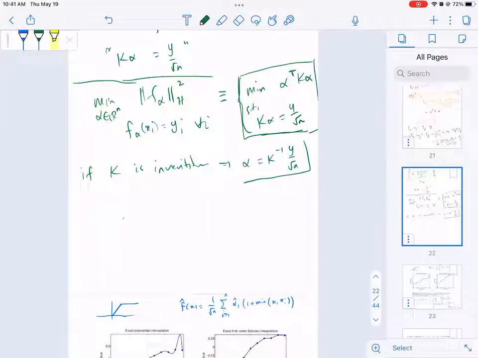This problem is very simple if K is invertible, because the feasible region is just a single point. Minimizing that would just give you the minimum solution. The solution would be this, and the minimum value, when you plug in y over root n, would be y over root n transpose K inverse y over root n. So that would be the norm of the optimal solution: y transpose K inverse y, divided by n.